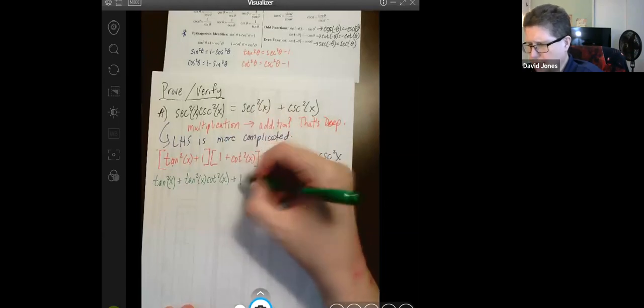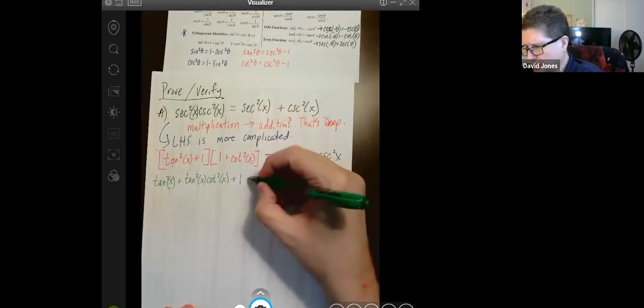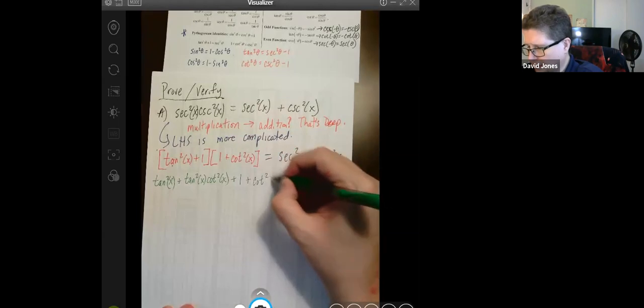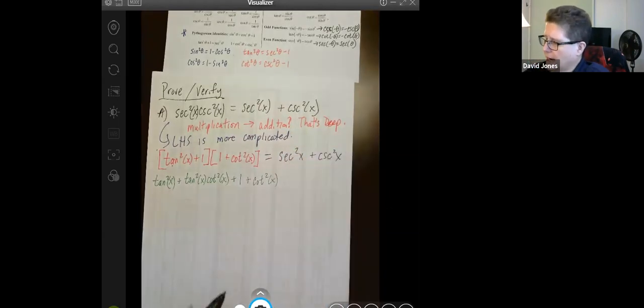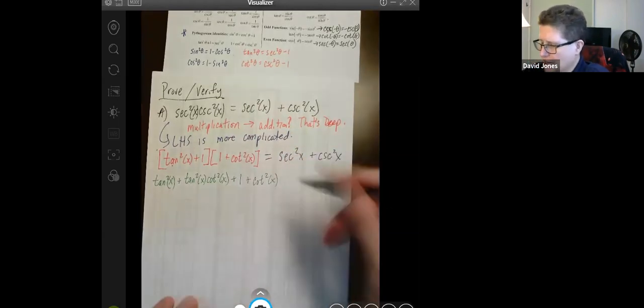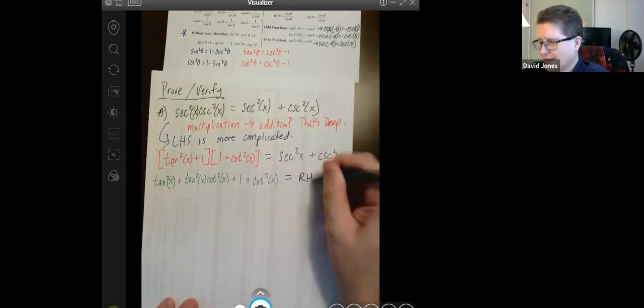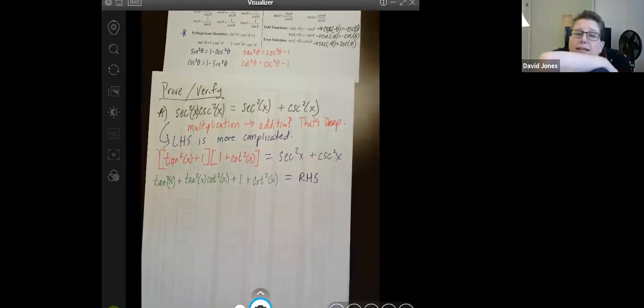And then the latter one, I've got 1 times 1 is plus 1, and 1 times cotangent squared is cotangent squared x. And at this point, I'm just going to write equals RHS, that way I don't need to keep writing the other side out.